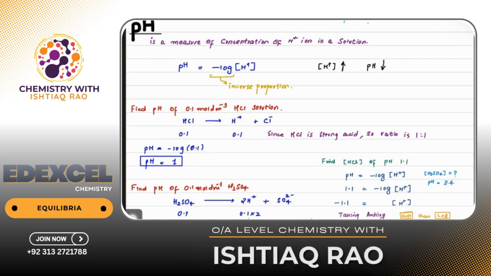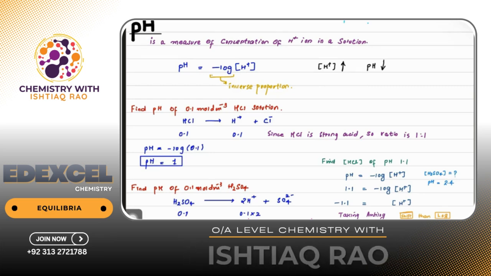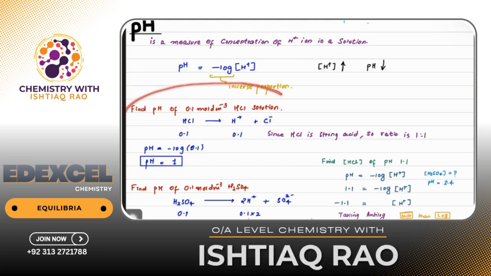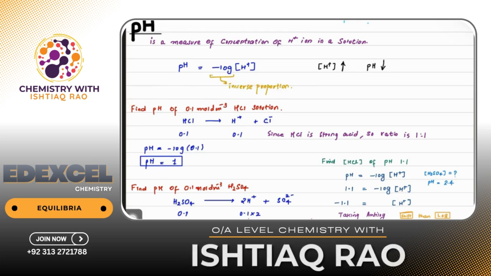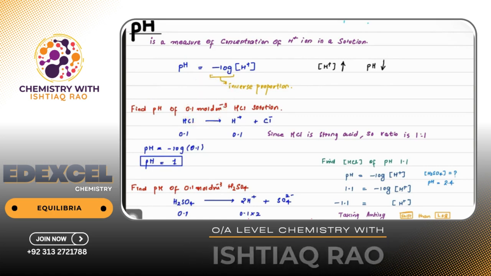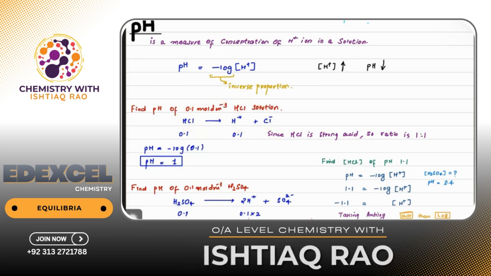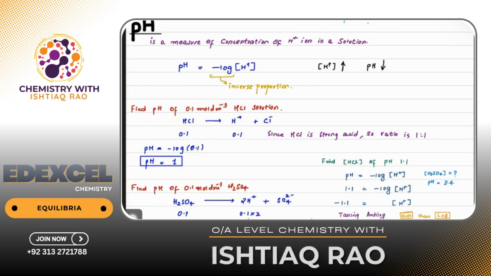Sometimes he will be giving you the pH of the solution and he will be asking about the concentration of H positive ion. Like in this question, I have been asked to find out the pH of 0.1 mole per decimeter cube HCl solution. So HCl is going to give you H positive ion and Cl negative ion.